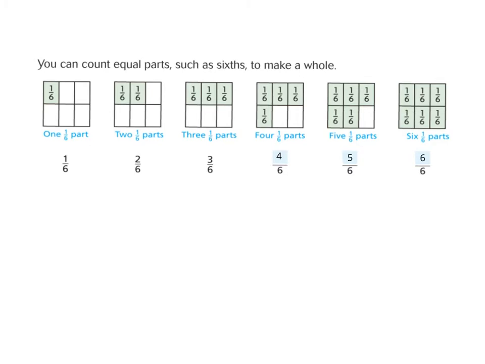Since we are using 6 equal parts and we are counting all 6 parts, we can say 6/6 equals 1 whole, or 1.